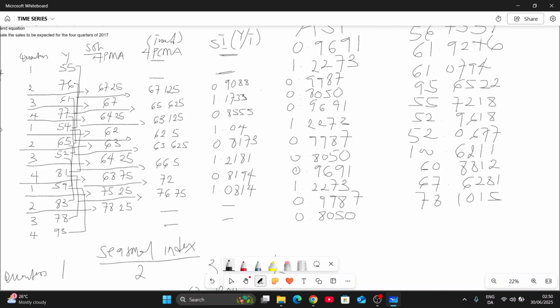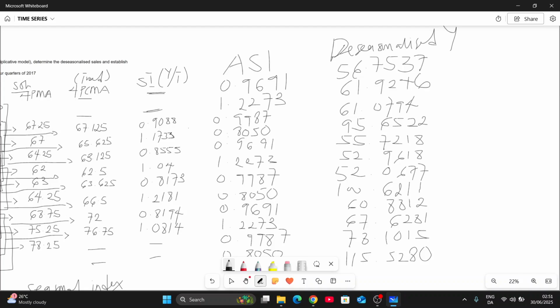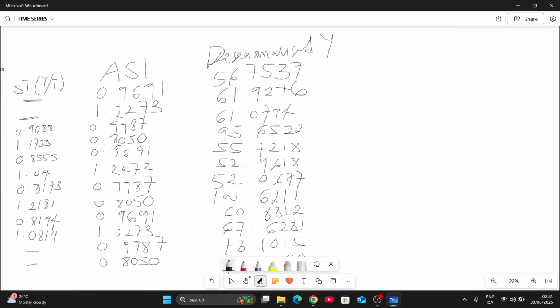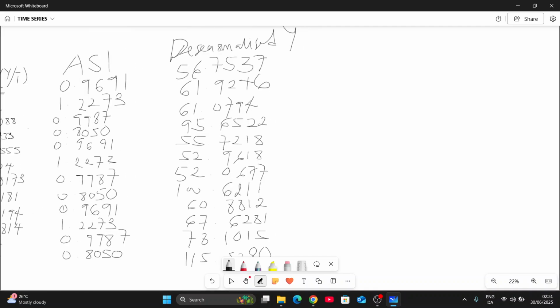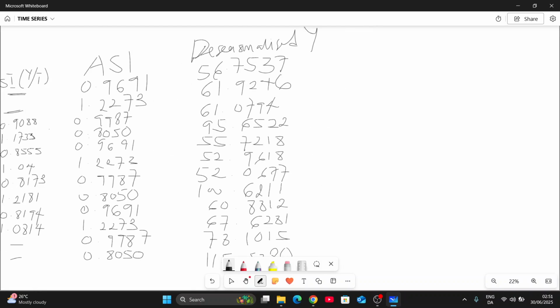Then lastly, 93 divided by 0.8050, which is 115.5280.